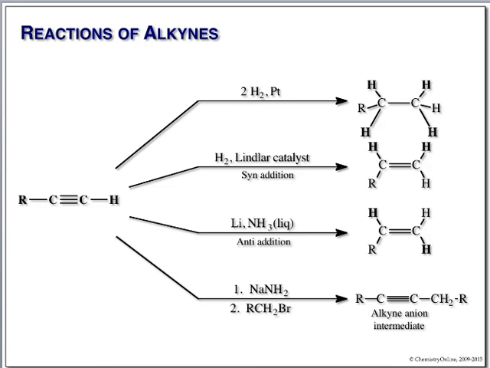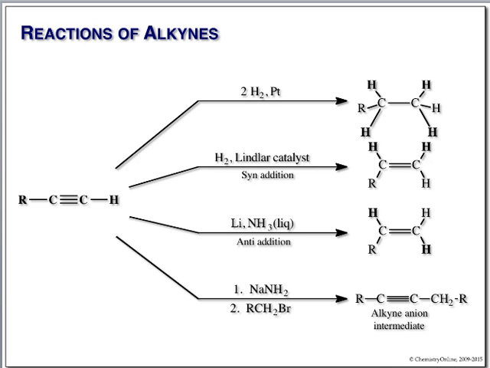We could reduce it all the way down to the alkane. We can do a poisoned catalyst, it's called, where we only reduce half of it. Again, our hydrogens will go in cis, and we wind up with a cis alkene.